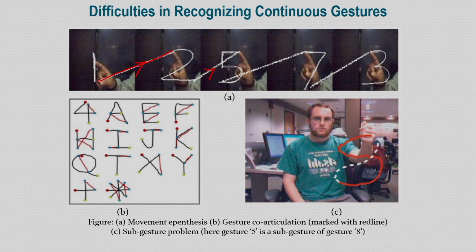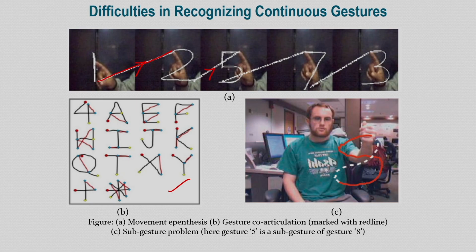In figure B, I have shown the problem of co-articulation. That means the current gesture is affected by the preceding or the following gestures. And finally, I want to show the sub-gesture problem in figure C. My gesture is 8, but you can see 5 is a sub-gesture of gesture 8.